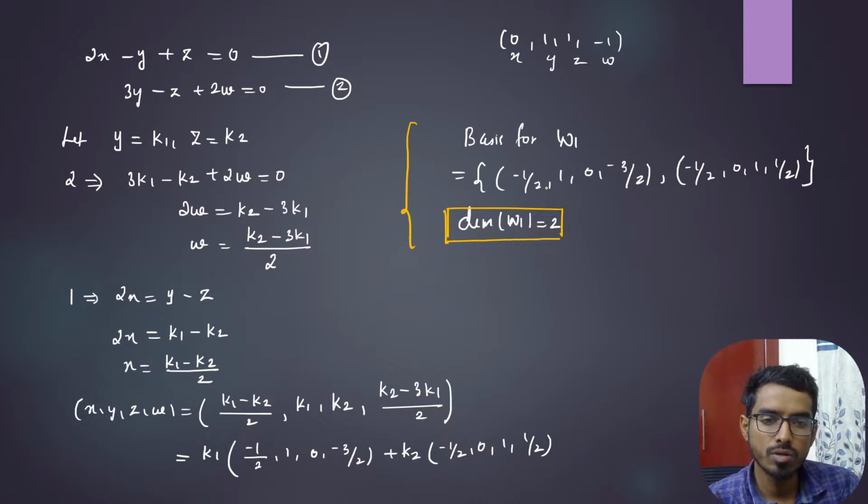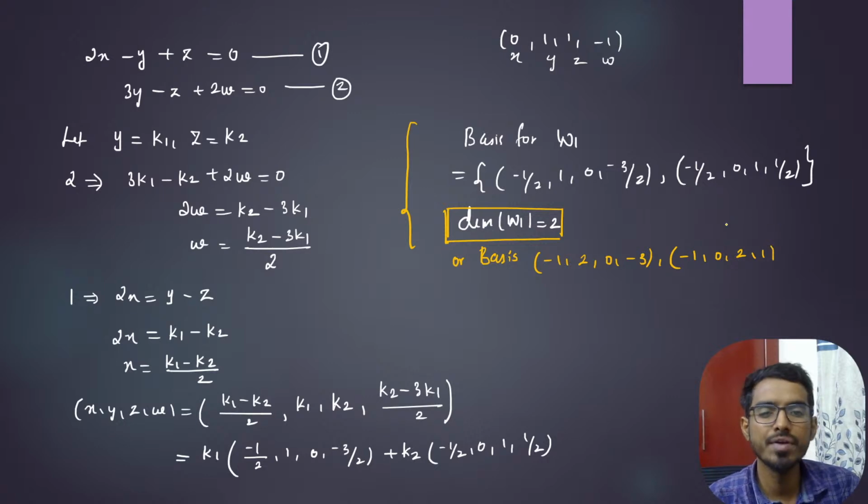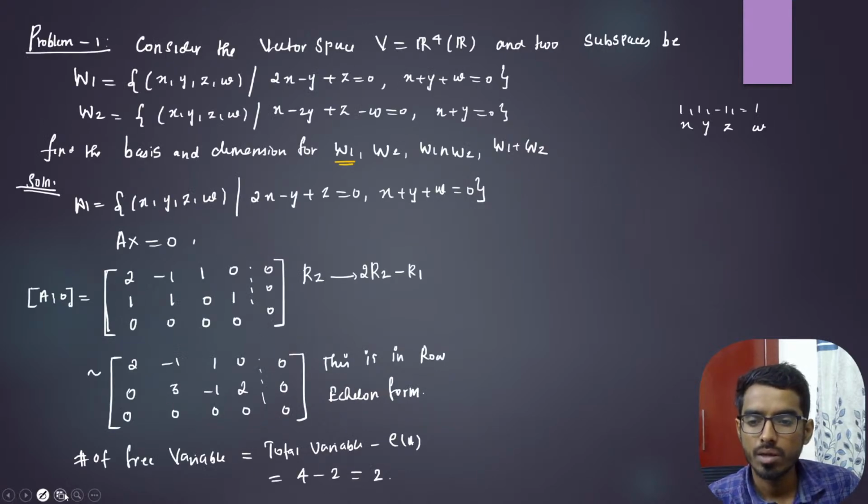I can also take the basis by multiplying 2 with this, so there will be minus 1, 2, 0, minus 3, comma minus 1, 0, 2, 1, if you want to have it in simplified form.